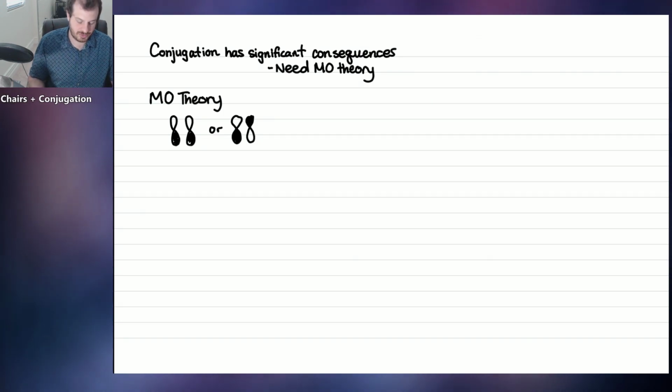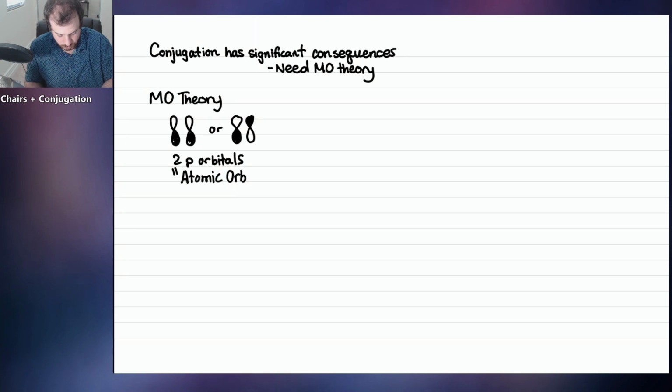So these are two p orbitals, and they can either combine in phase or out of phase, and these are atomic orbitals. And when these atomic orbitals mix, they can create two molecular orbitals, one of which is bonding and the other of which is anti-bonding.